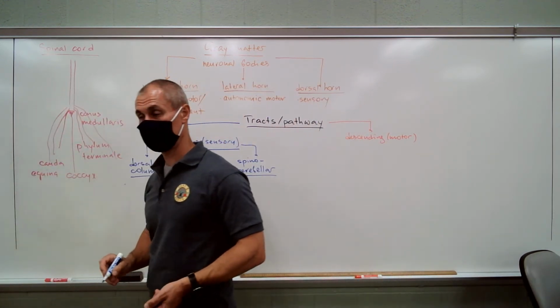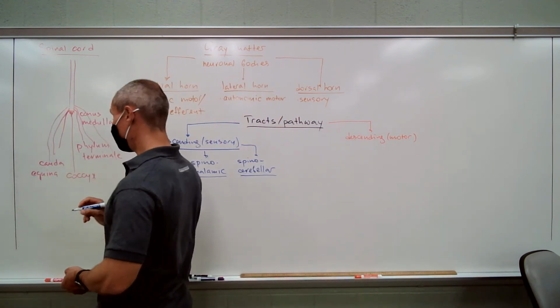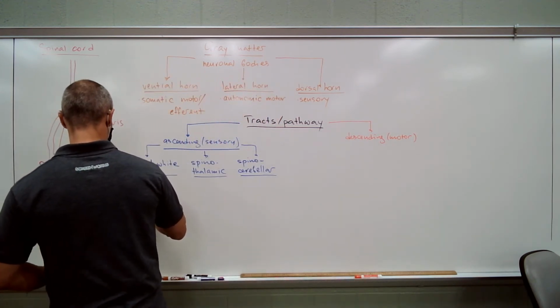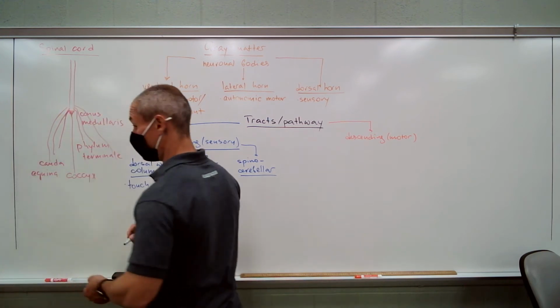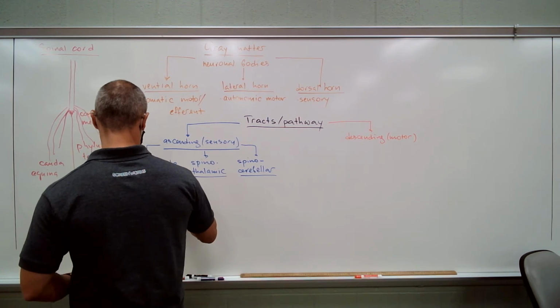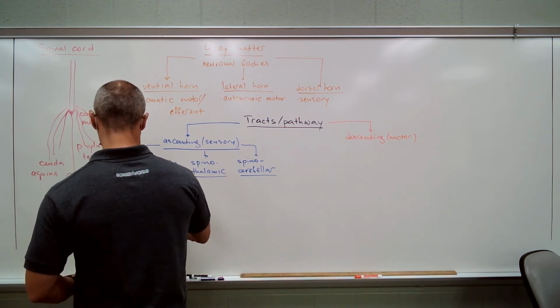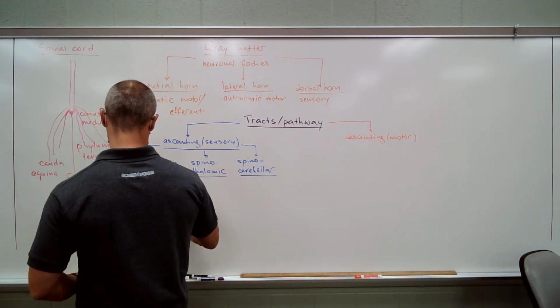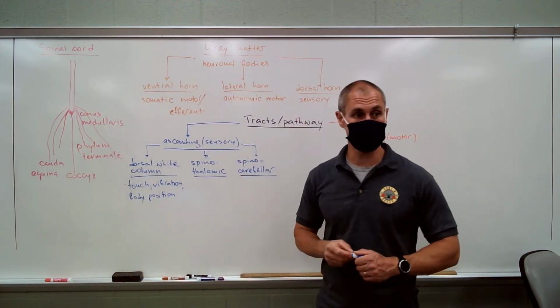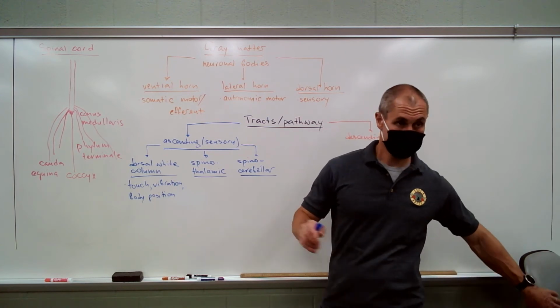The dorsal white column conveys sensory inputs of touch, vibration, and body position. Okay? That part makes sense?